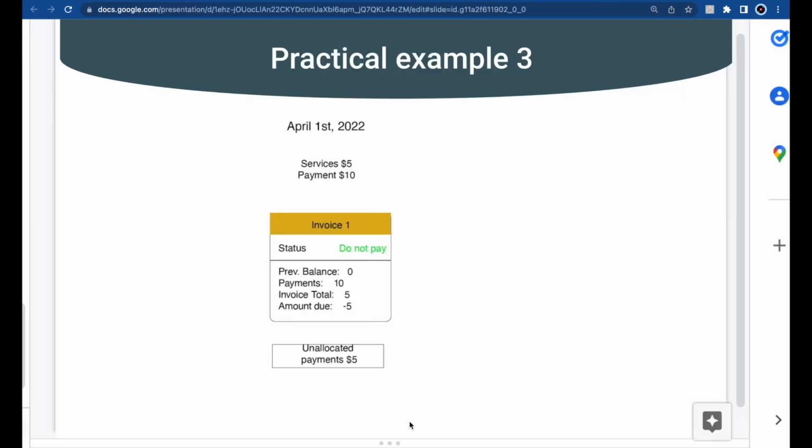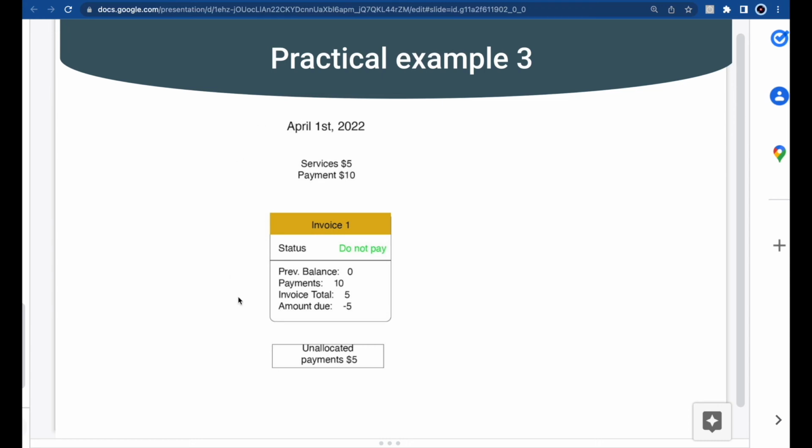And we have one more practical example to look at. Our third test customer was created on April 1st and also has a daily billing period. During the first billing period, he used services for $5 and made a payment for $10.